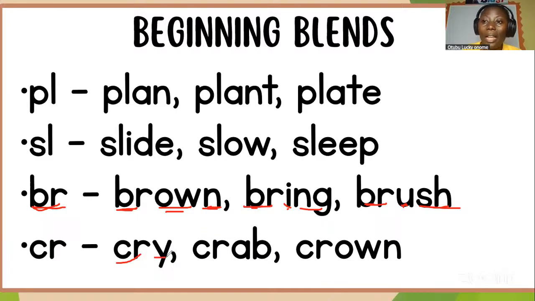Whenever we see Y at the end of a word, it says I. In any word, when you see it at the end of the word, it says I. It always takes the place of I. Examples: cry, dry, fry.